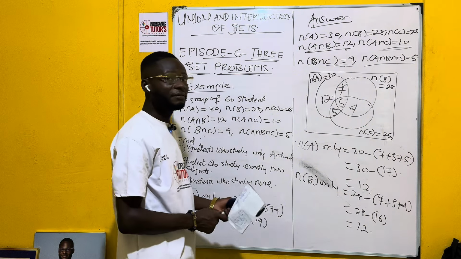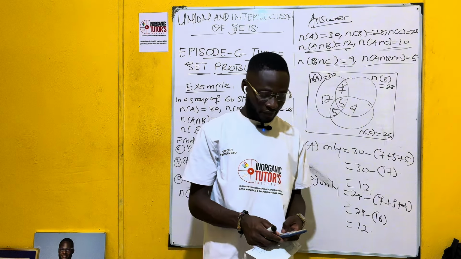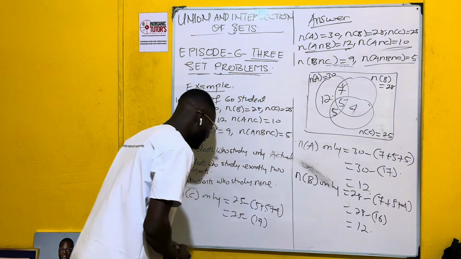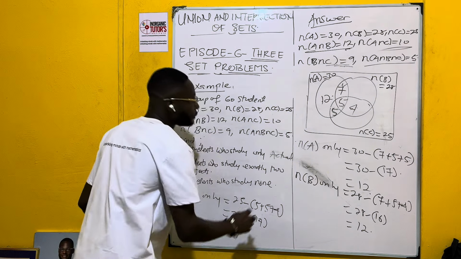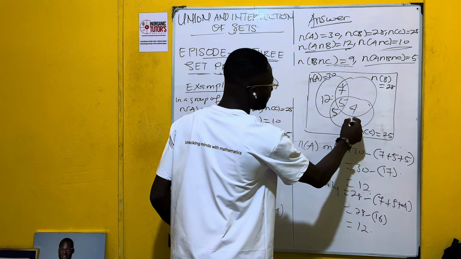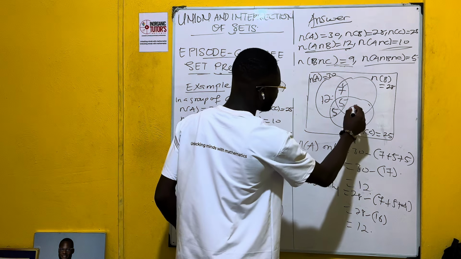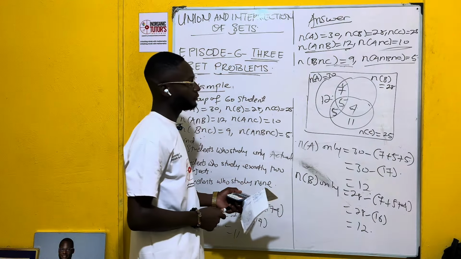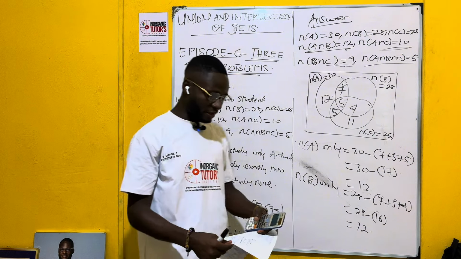So 25 minus 14 is basically 11, right? So we have 11 here.